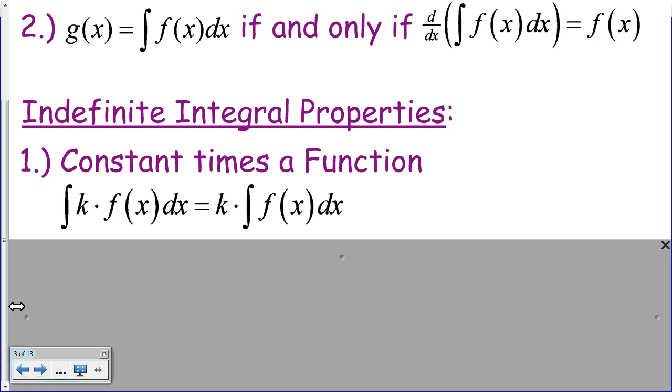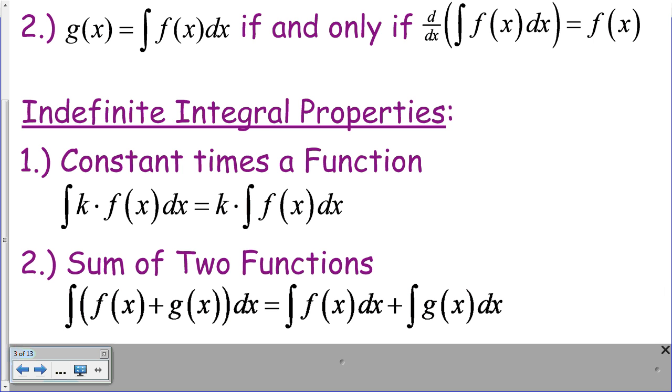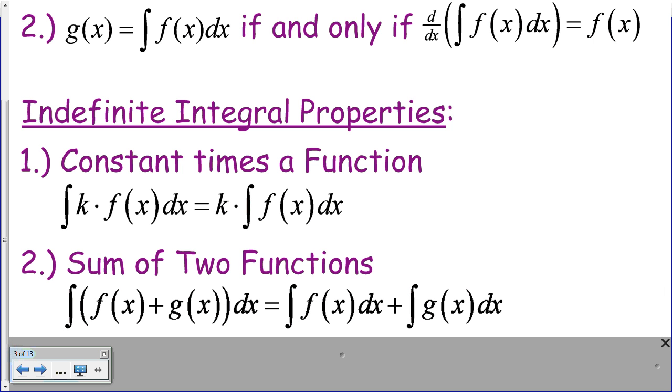The second property is for the sum of two functions. Just like with limits and derivatives, where we had a property for the limit of a sum of functions or the derivative of a sum of functions, we have a similar property here. The indefinite integral of f of x plus g of x dx is equal to the integral of f of x dx plus the integral of g of x dx.